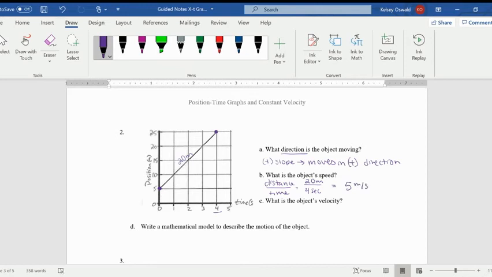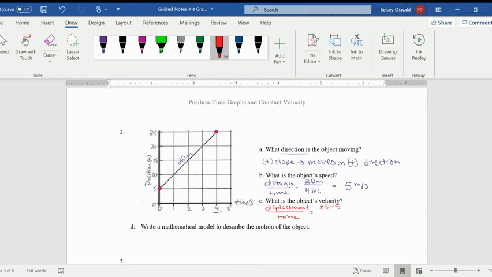Okay. Another way we could find that is just by finding the slope of this line. In this case, when we're finding velocity, remember, for velocity we do displacement over time. So for displacement, we compare our final position, the 25, to our initial position of 5, and we want to find that difference.